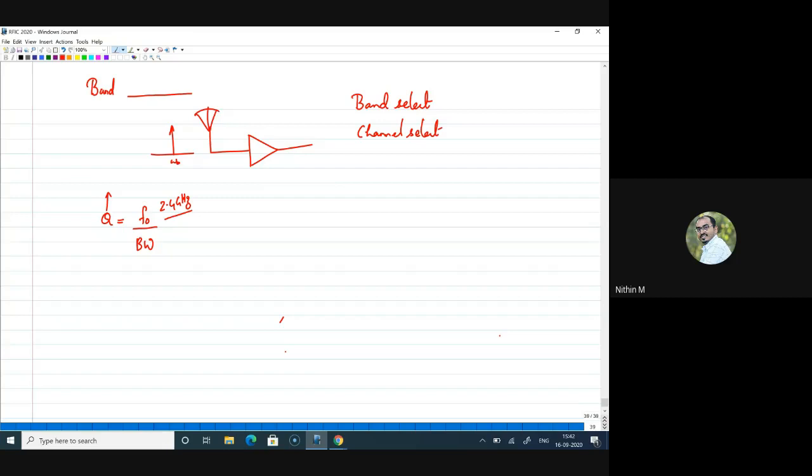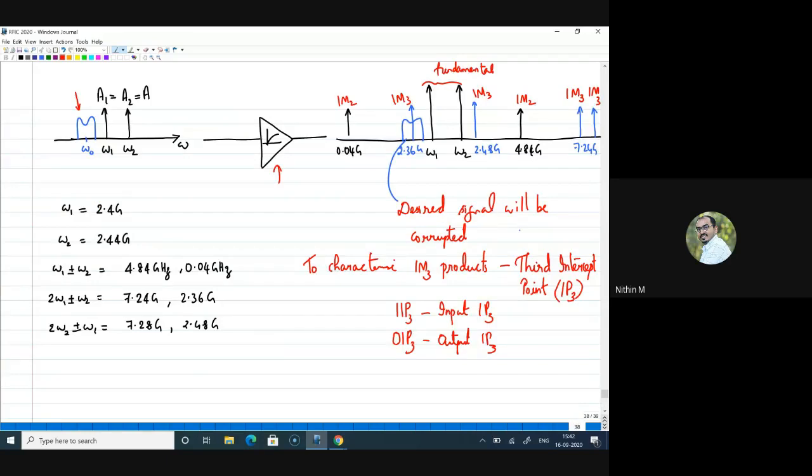All right, so we will continue this and see how we arrive at this performance metric of IP3, the third intercept point, and how we can use that further in the coming class. Before that, only with that I can proceed with the numerical.